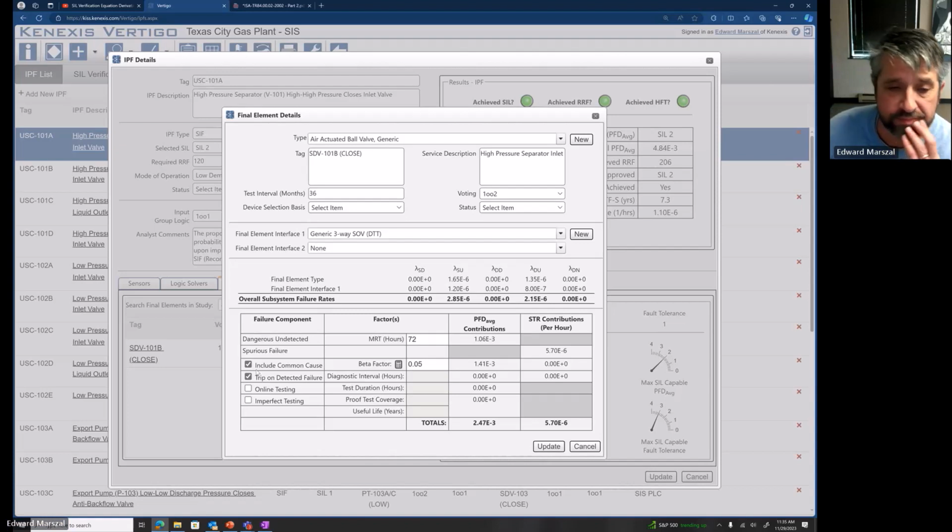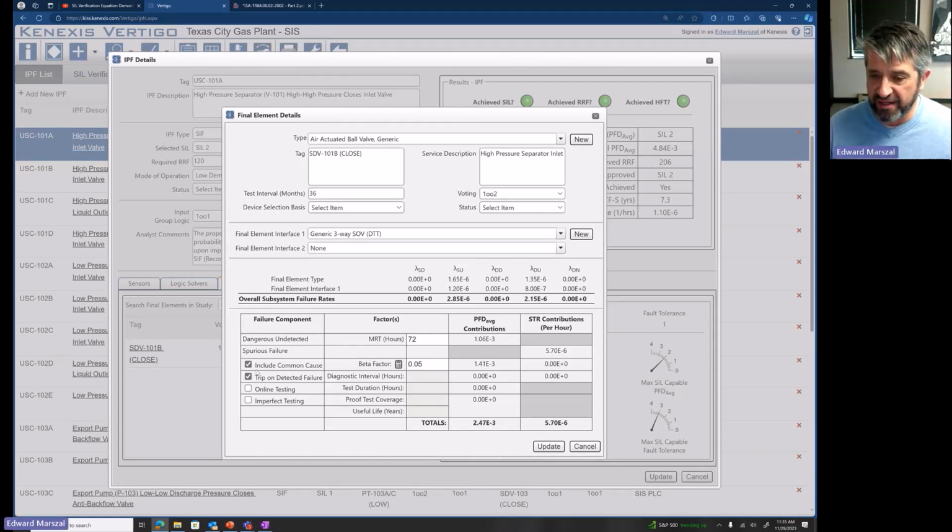Okay, Ed's comment here says, but when you have 10 initiating events, the chance that something happens is 10 times higher than a single event. Well, absolutely. We're getting a little bit off track into LOPA, but let's say we have a LOPA scenario with multiple initiating events.